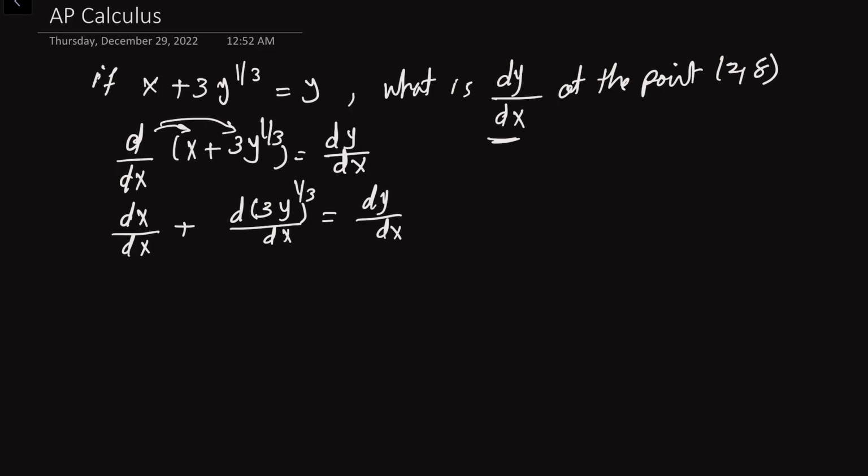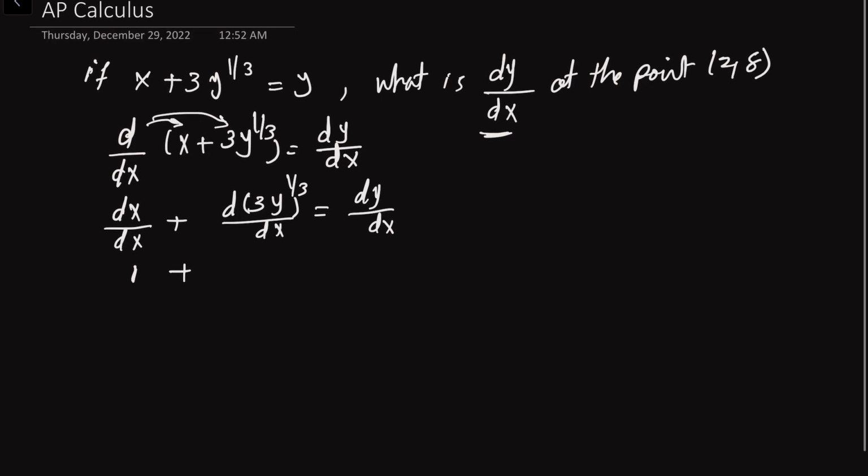Okay, and let's simplify this. So dx over dx is 1, plus what is the derivative of this?